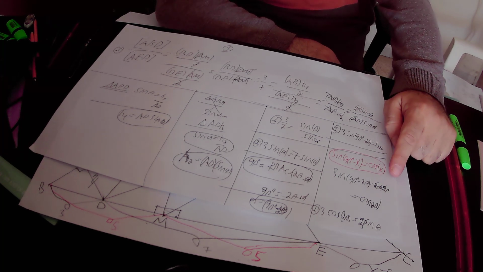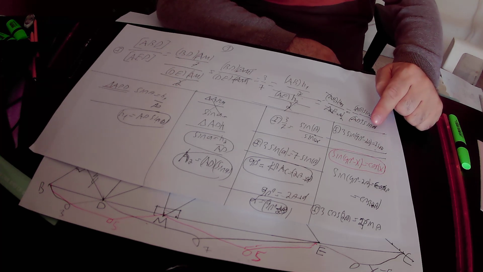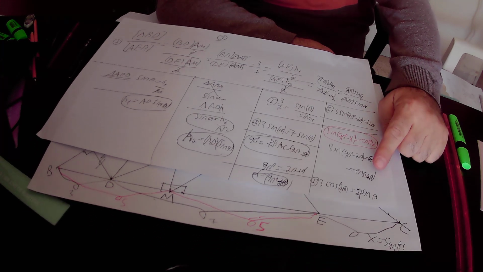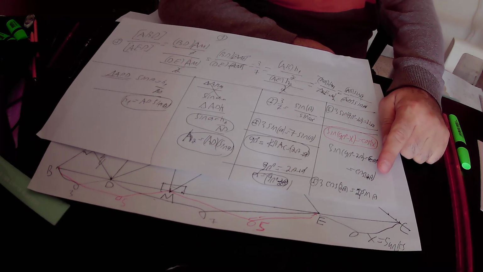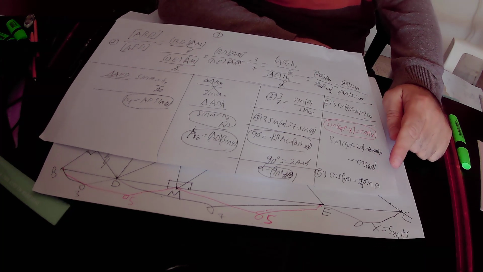Therefore we can substitute sine of 90 degrees minus 2 theta by cosine 2 theta. We did it and we got that 3 times cosine 2 theta equals 7 times sine theta.